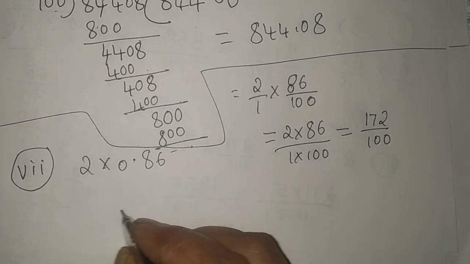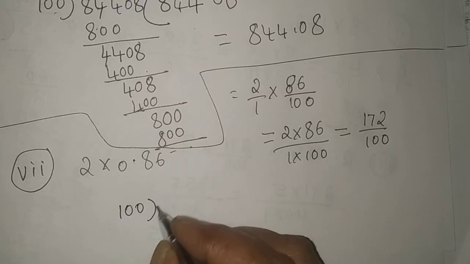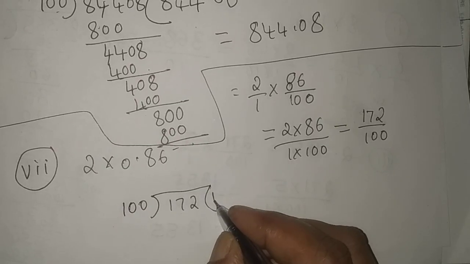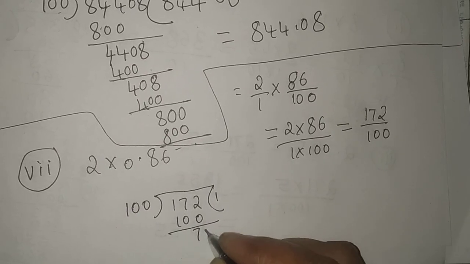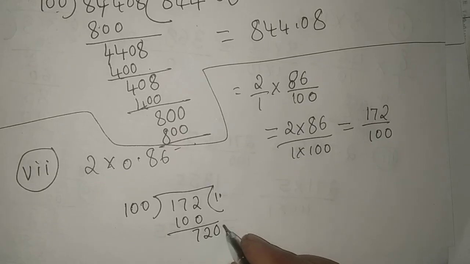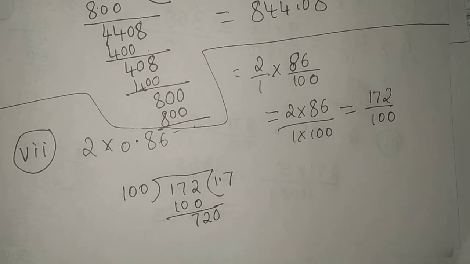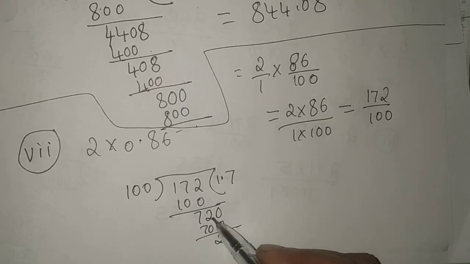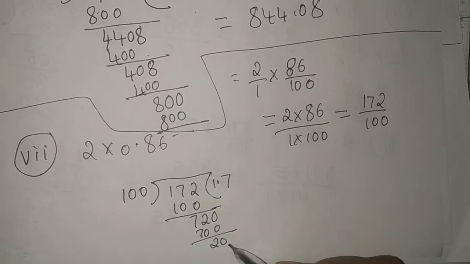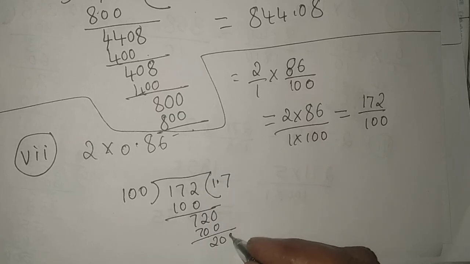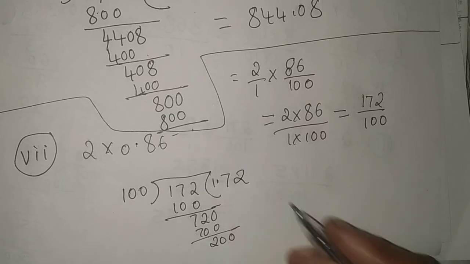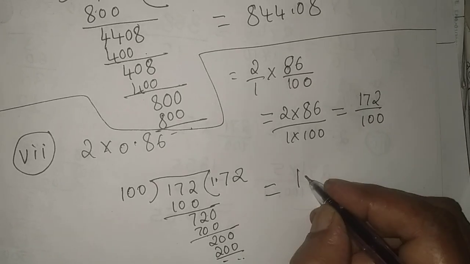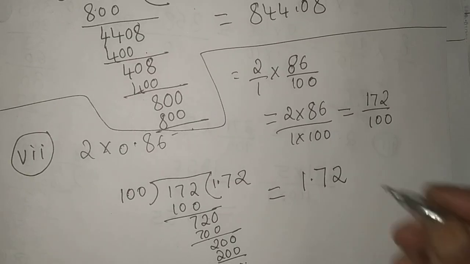Now how to divide this? 100 divided into 172: 100 ones are 100. 72 remains. Put a point, put a 0 here. Then 7s are 700. Then 20 remains, 720 minus 700 is 20. Again put a 0 here. Then 2s are 200. The answer is 1.72.